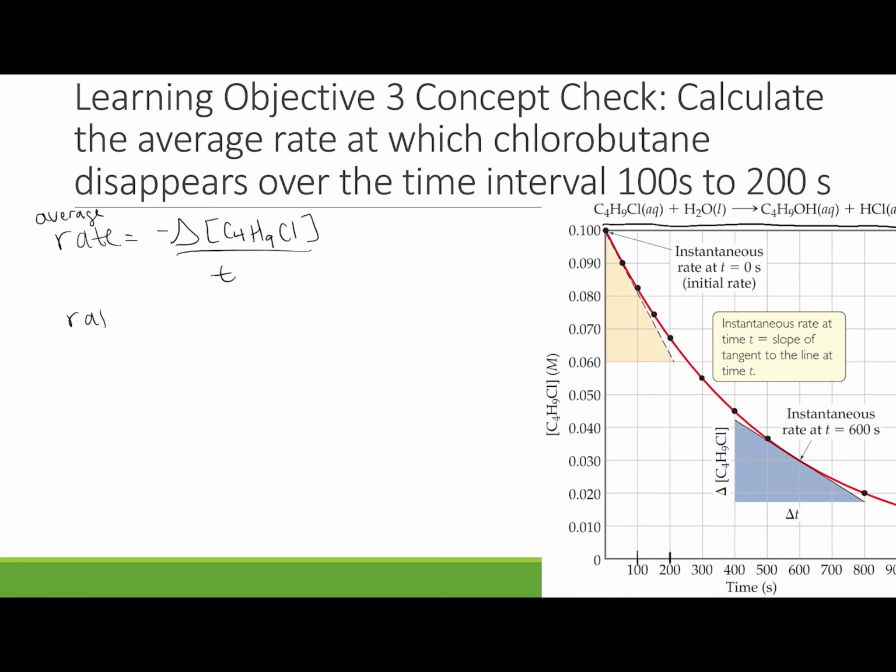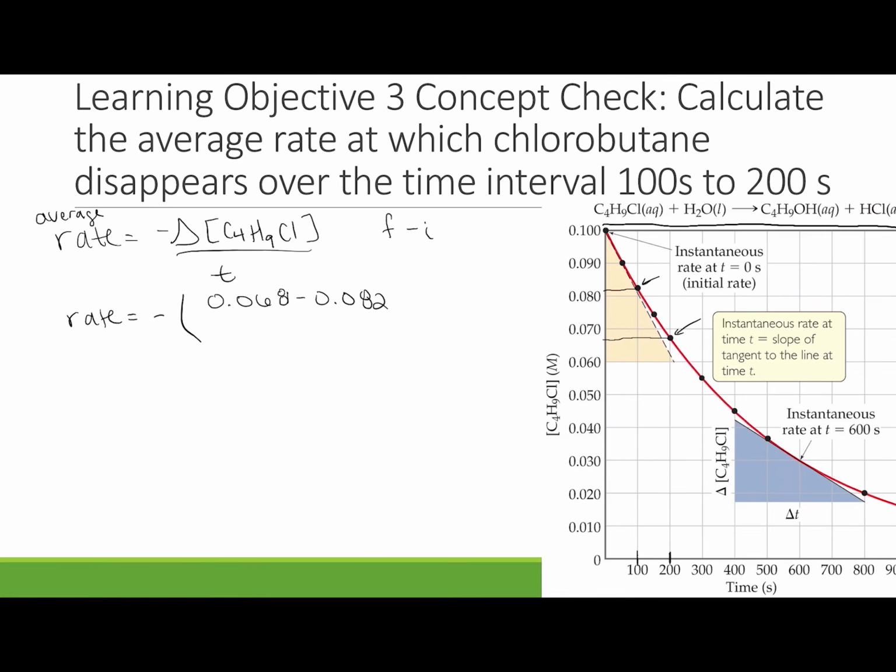So our rate is going to be equal to negative final minus initial. That's how you always do it. So our final concentration, so our concentration at 200 seconds, minus our initial concentration at 100 seconds. So at 200 seconds, it looks like we have a concentration of around 0.068. And then our initial concentration looks like it's around 0.082.